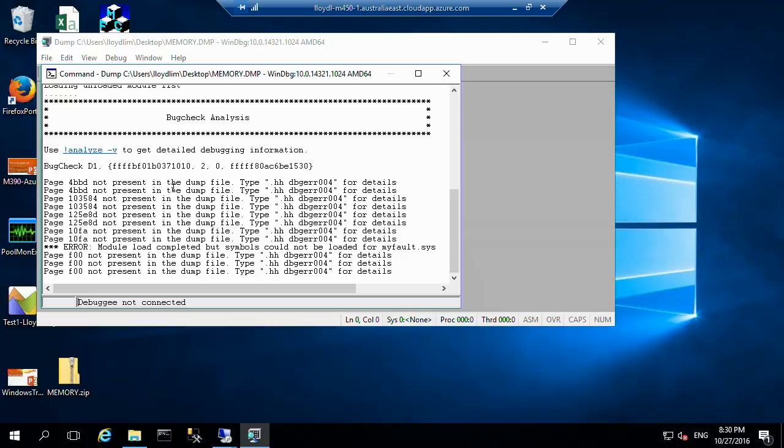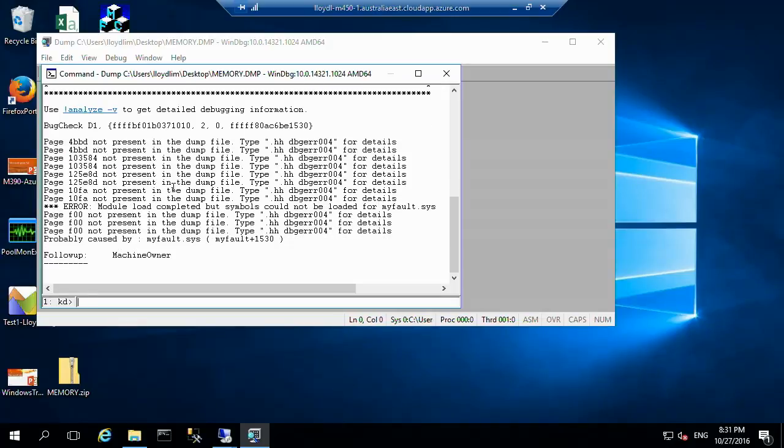Okay, and then what you can do is a bang, that means exclamation mark, analyze -v. That will tell you within the debugger, based on its heuristics, what it thinks went wrong on the system. You don't have to do it in this case because all it'll tell you is you got an IRQL failure in notmyfault.sys, because that's the driver that actually caused the crash.